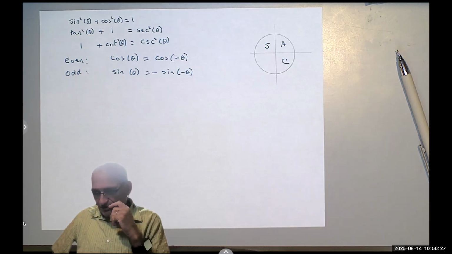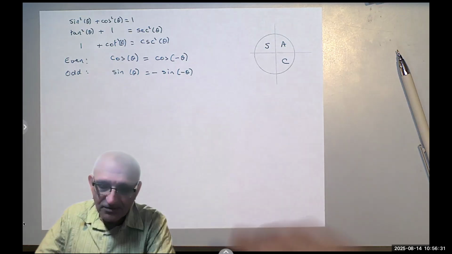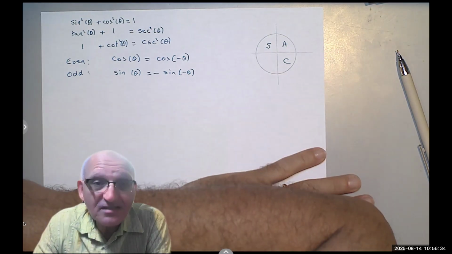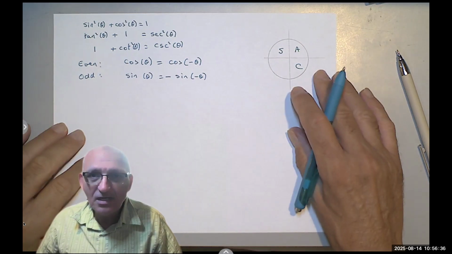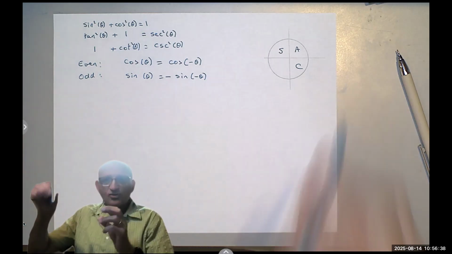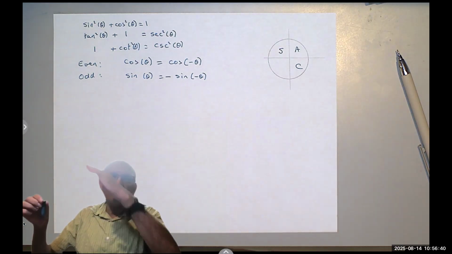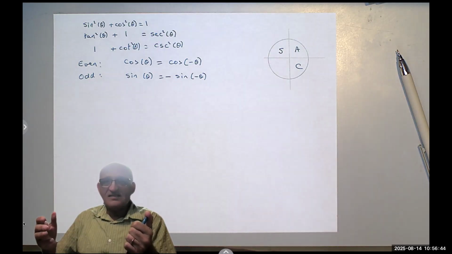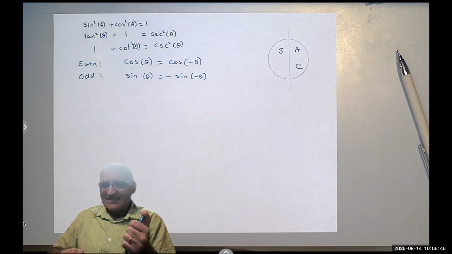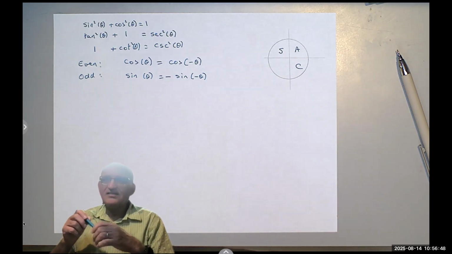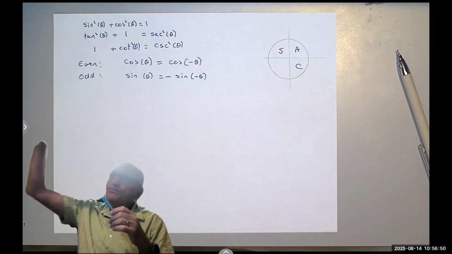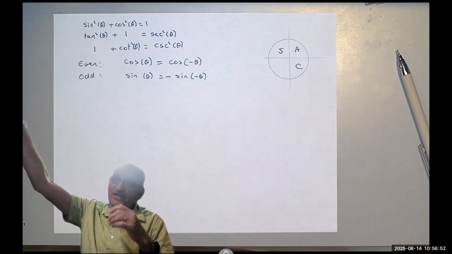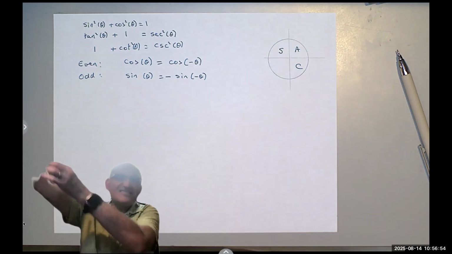One last thing I want to tell you is that, remember when we started trig and I told you we decided to call the opposite over the hypotenuse the sine, and then somebody said, what if we want the adjacent over the hypotenuse? And they said, if you go to the complementary angle of theta, that would be its sine.